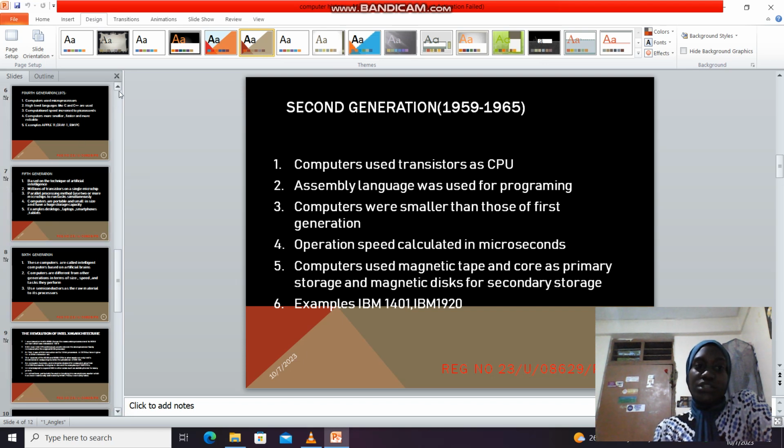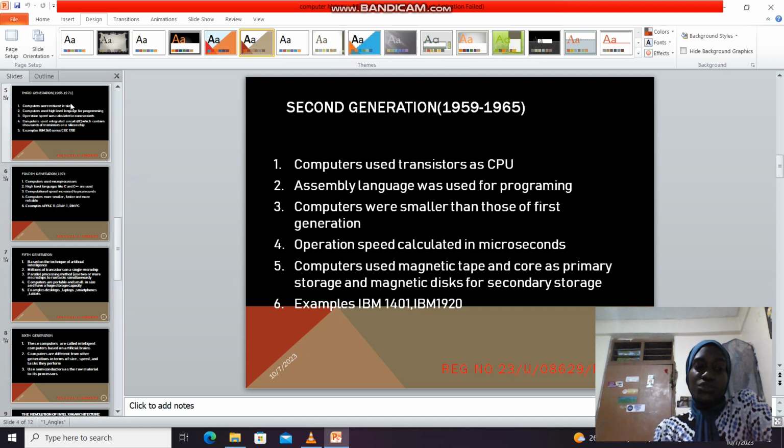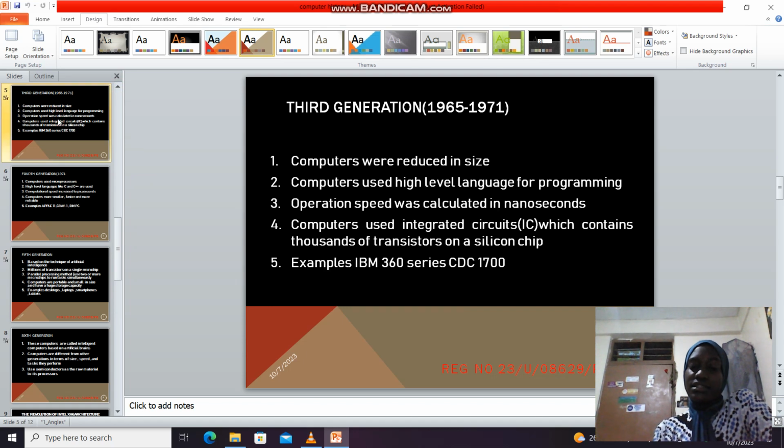Now, the third generation. The third generation was between the year 1965 and the year 1971, and computers of this generation were very much reduced in size. Computers used high level language for programming. Operation speed was calculated in nanoseconds. You can see the progress from micro to nanoseconds.